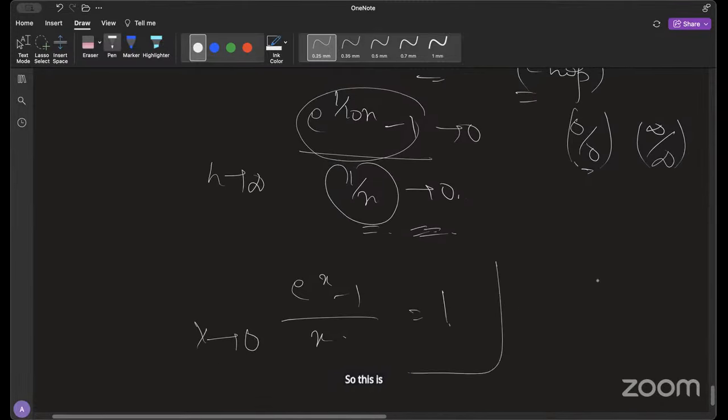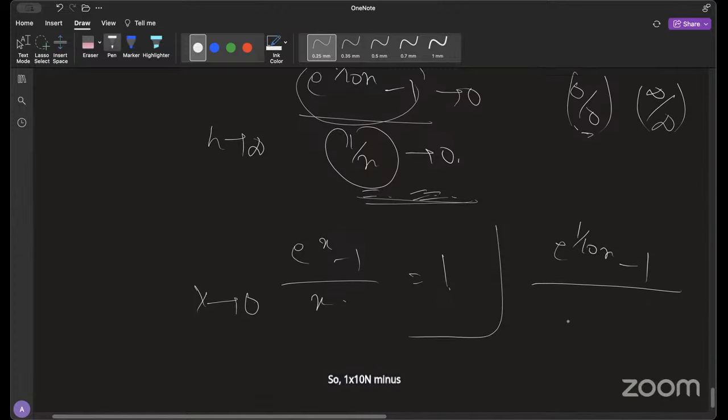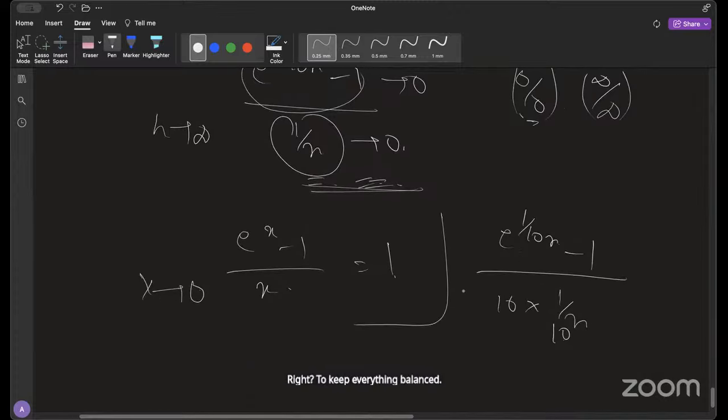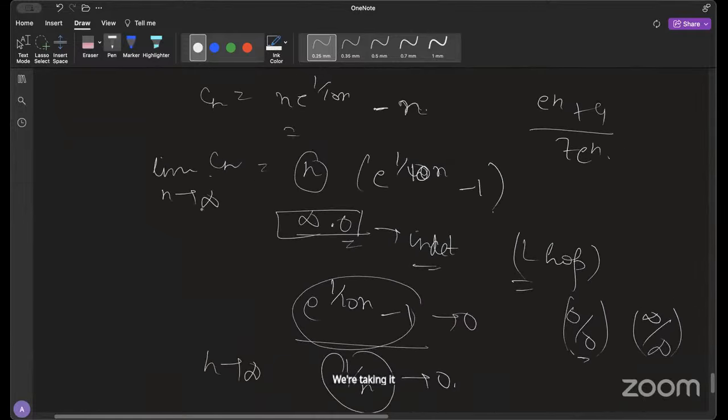Sorry, I forgot it. So this is the same identity, and we are already in that form. We have 1 by 10n minus 1, and we already have 1 by n. Just multiply this by 10, and then you'll have to multiply it here too, to keep everything balanced. And then as n tends to infinity.